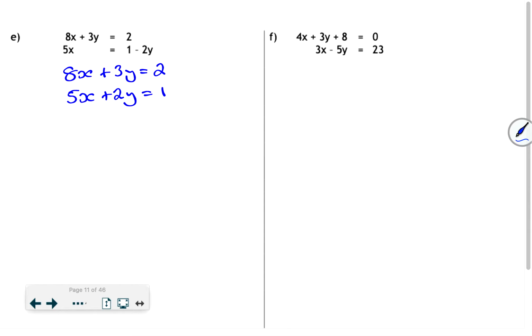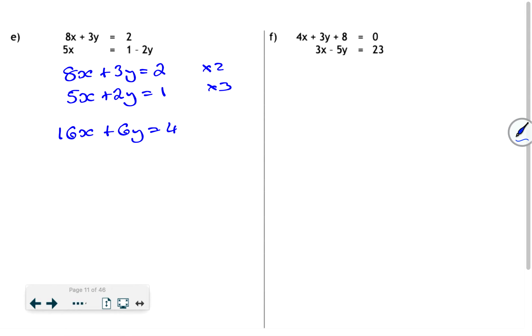Okay, so we'll then do the same thing. Think of the middle variables, 3 and 2, lowest common multiple of that is going to be 6, so I'll multiply the top by 2 and the bottom by 3. So write out your full system again. So it's going to be 8 2s are 16, so it'll be 16x plus 6y is equal to 4.